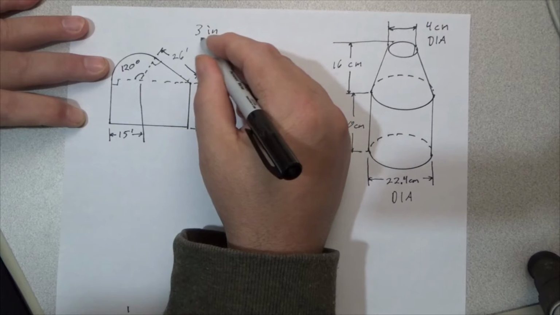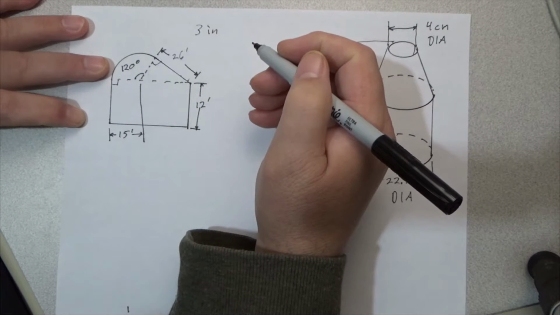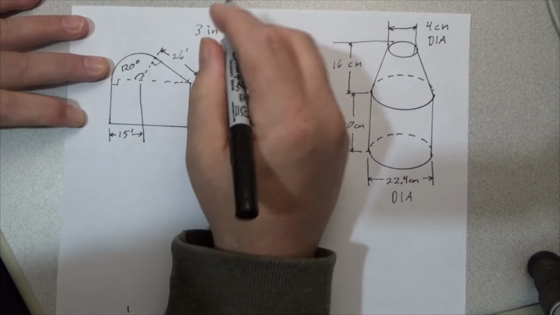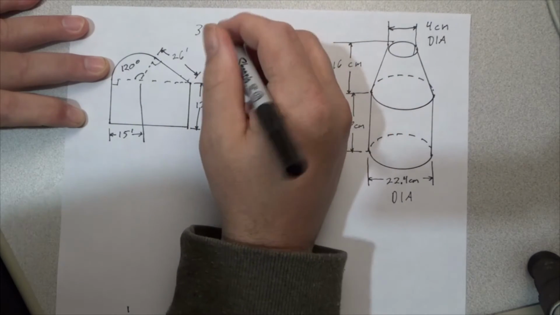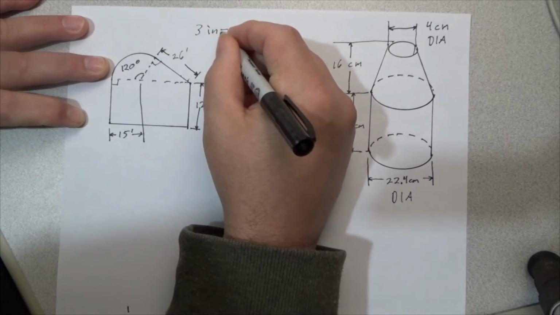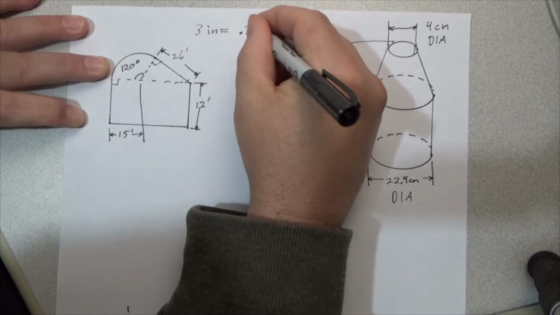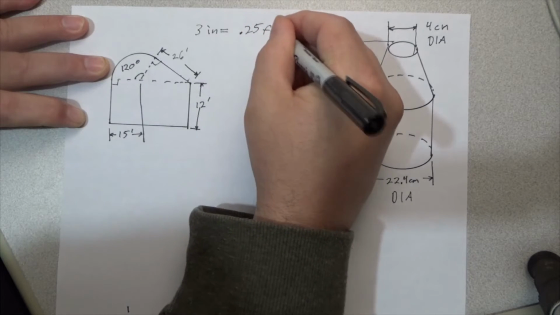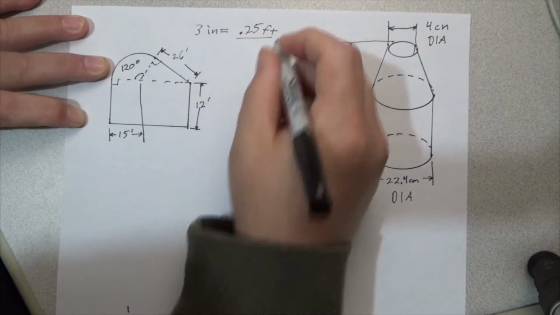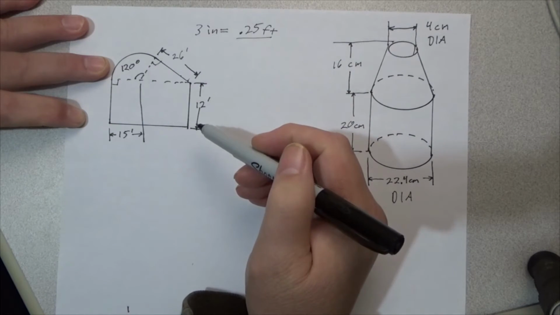So this would be 1/4 of a foot, or 0.25. I think that would probably be easier. So I changed my mind. 3 inches is the same thing as 0.25 feet. So that's the depth. What I'm going to do is find the surface area, then multiply it by 0.25.